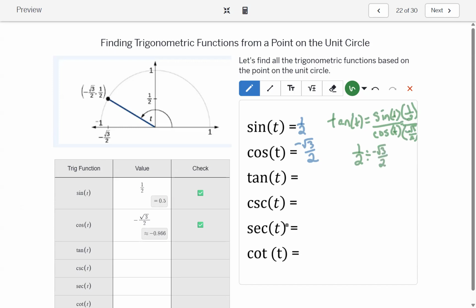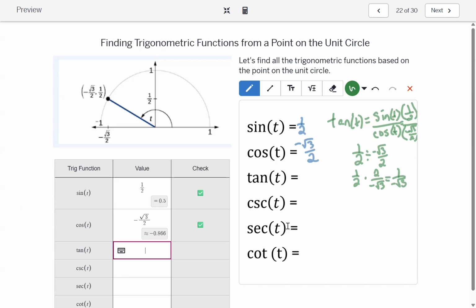That means we would multiply by the reciprocal. So we're going to get 1/2 times 2 over negative square root of 3. And we end up with 1 over negative square root of 3.